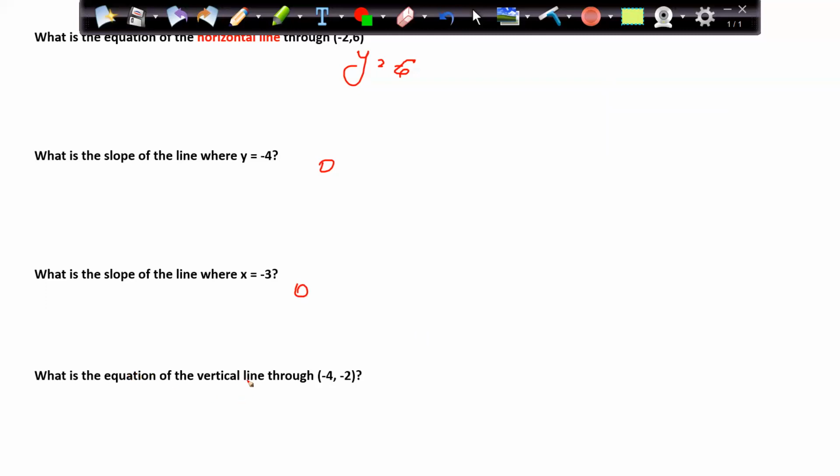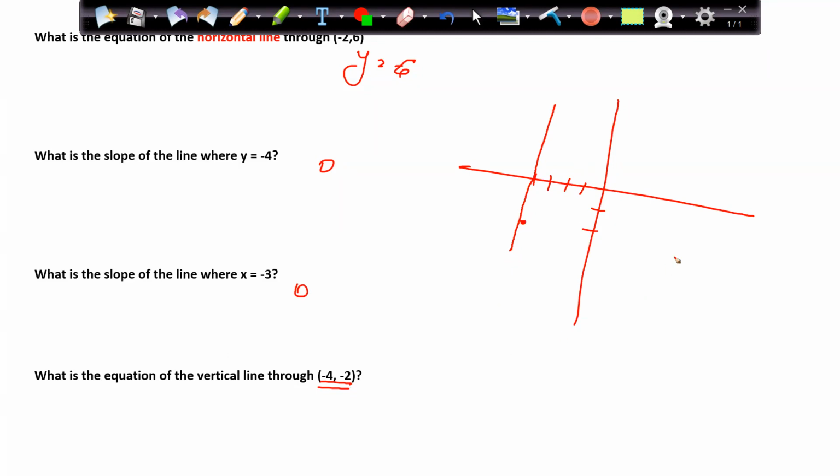What is the equation of a vertical line through this point? Vertical. -1, -2, -3, -4, -1, -2. That means this point. Vertical line. Tell me the answer.